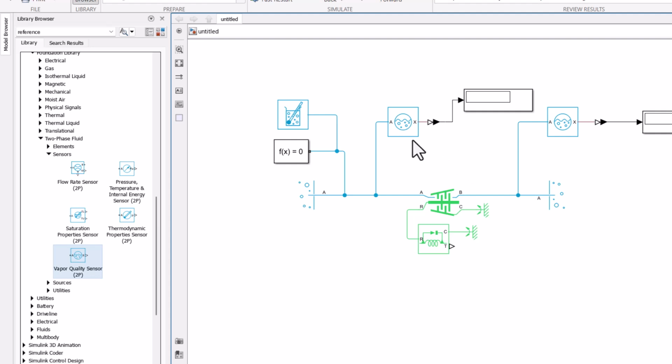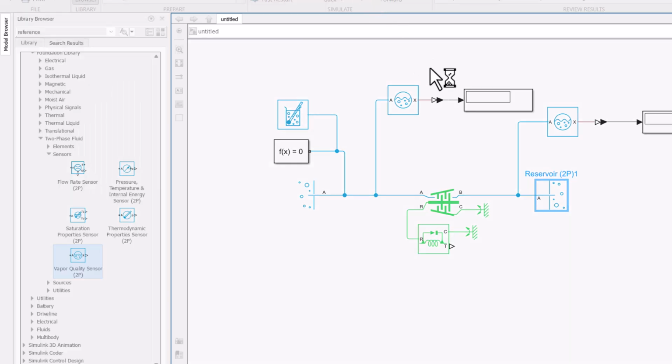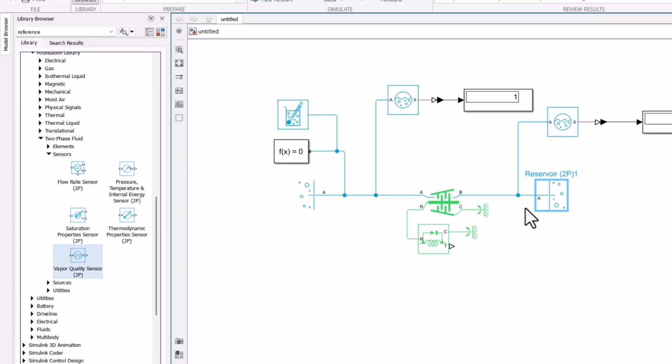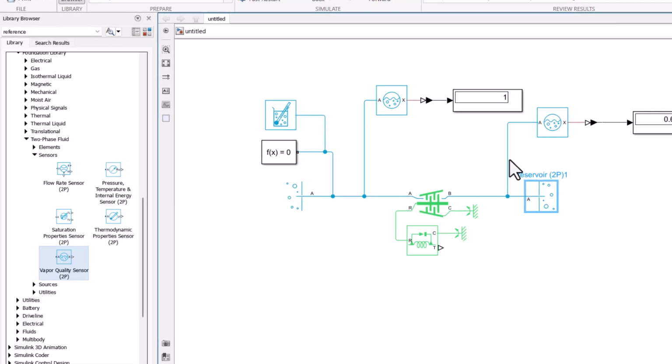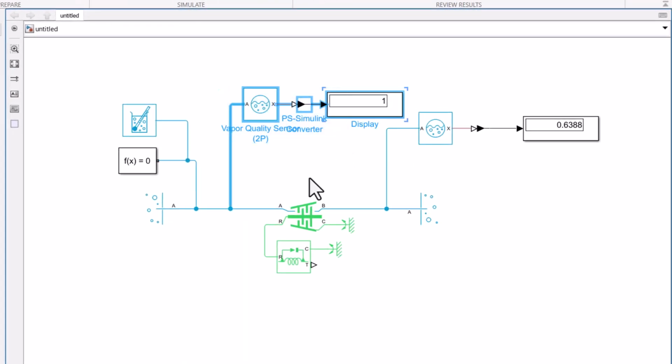Before I run the model, I want you to take a moment and think about the result you're going to expect. The turbine inlet is a superheated fluid, and the outlet, I am expecting it to be two-phase. The outlet is going to be in the saturated position.